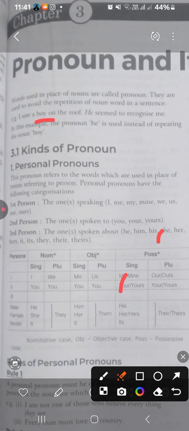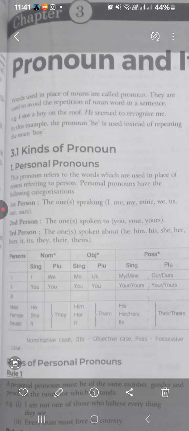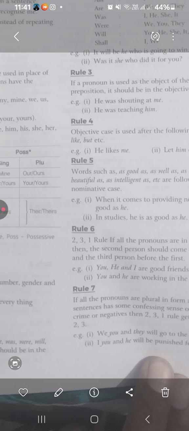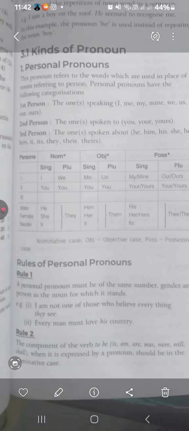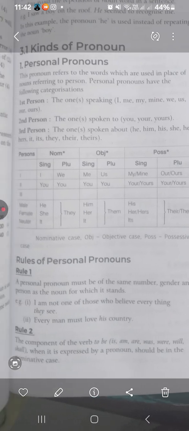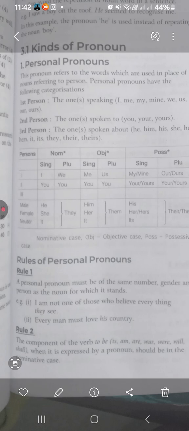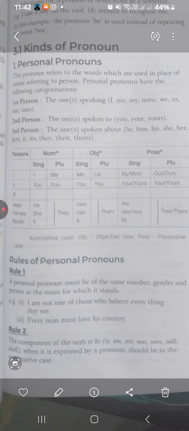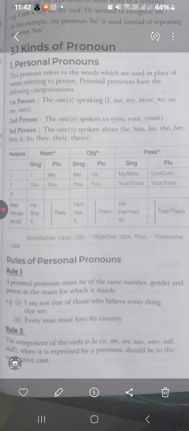Now coming to the next page. Here in this page also the rules of personal pronouns are given. A personal pronoun must be of the same number, gender, and person as the noun for which it stands. Example: I'm not one of those who believe everything they see.